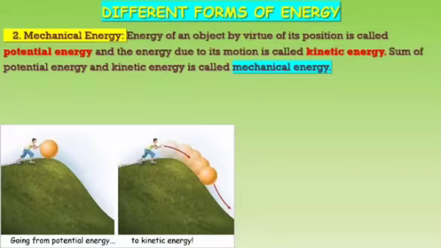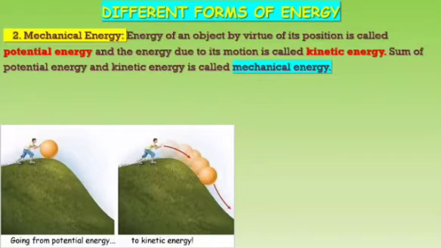When the same ball is made to come down the hill, as you can see in the next picture, the ball has started moving. The potential energy which the ball had when it was on the top, when it was not moving, changes into kinetic energy when the ball starts coming down the hill.